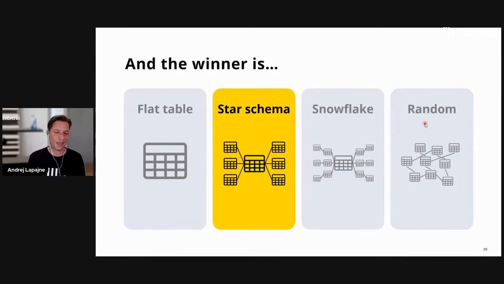Okay, so the winner is definitely star schema for, I would say, 95% of situations. The star schema is by far the fastest model. And why am I spending so much time on this topic? Because if you want to achieve performance gains of 5 times or 10 times, then just little technical performance tricks will not help.